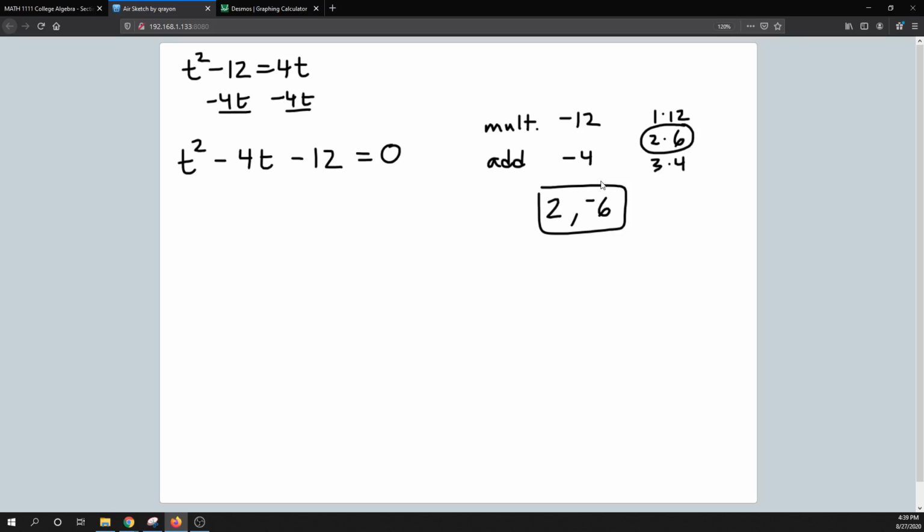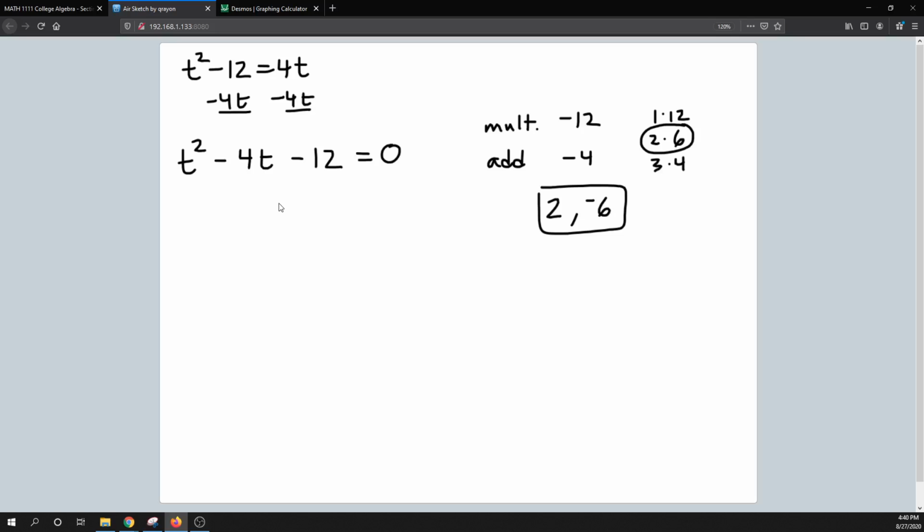Next up, I would use those 2 numbers to split this term up and factor by grouping. That will absolutely work, but I also want to show you a shortcut.